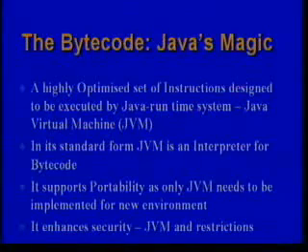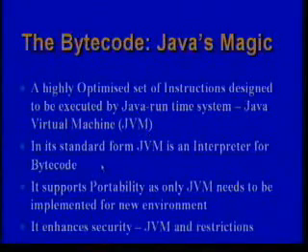Now the main important issue about Java is the bytecode, which I told you is highly portable code, the code produced by a compiler which is not specific to a particular machine. So what exactly is bytecode? It is a highly optimized set of instructions designed to be executed by the Java runtime system, or what we call the Java virtual machine.